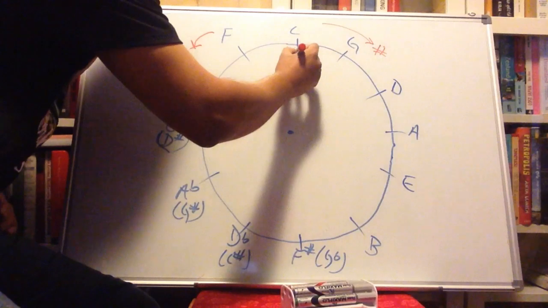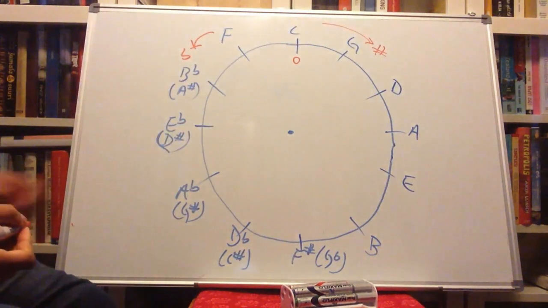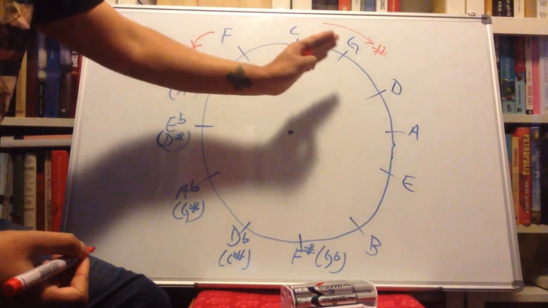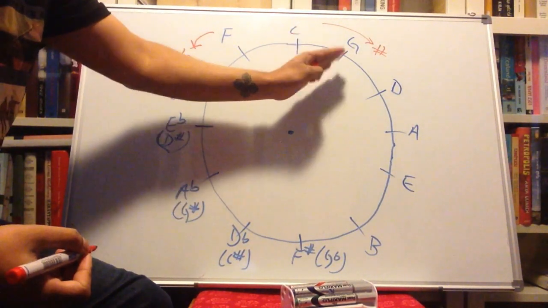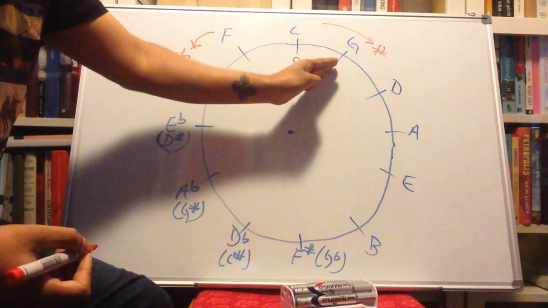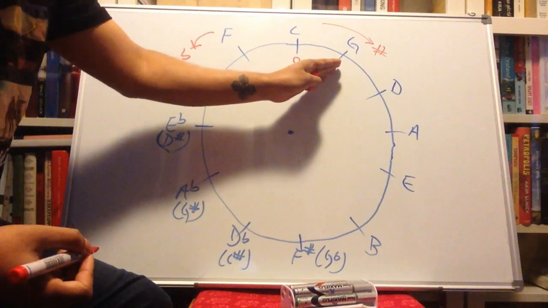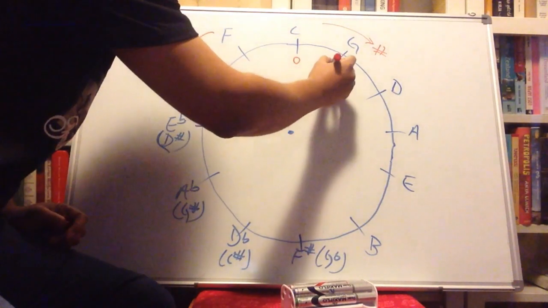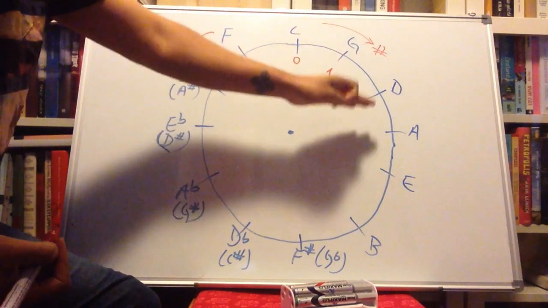So it's 0 sharps and 0 flats. Now if we go clockwise, G, which is one step ahead, one step away from C, will have one sharp because it's on the sharp side.